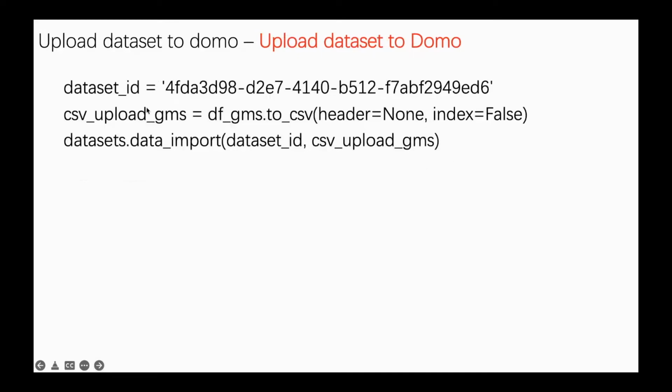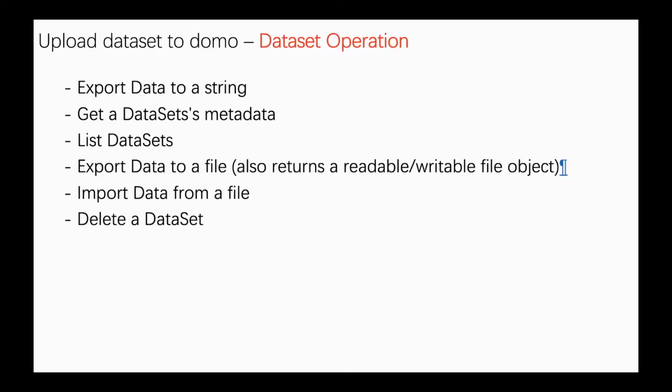Also you can use this code to upload your data frame to Domo. Once the dataset is created and the data uploaded, you can do a number of dataset operations, such as export data to a string, get dataset metadata, list the datasets we have created in Domo, export data to a file, import data from a file, and finally delete the dataset you have created with the dataset ID.